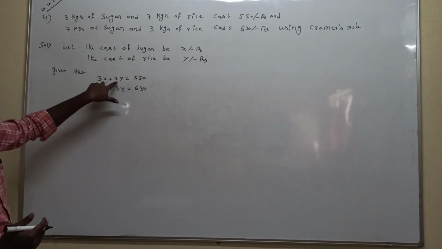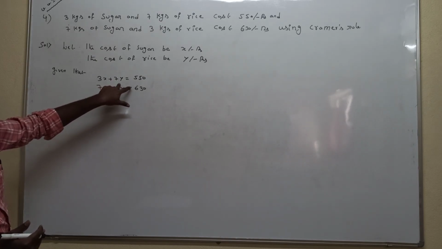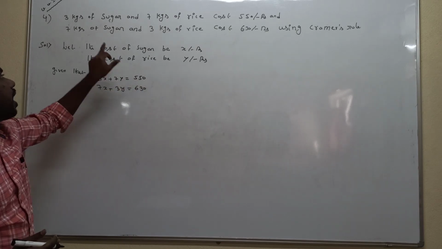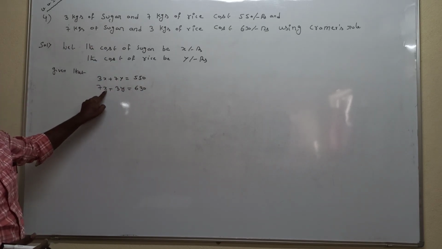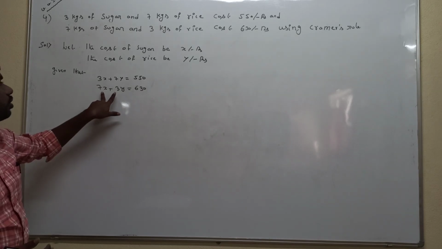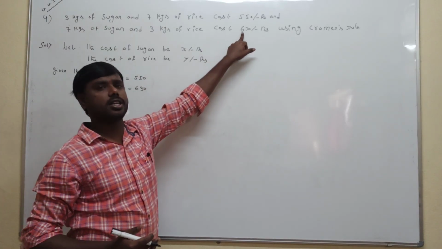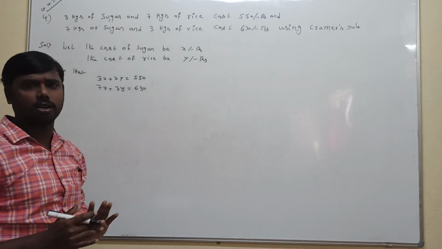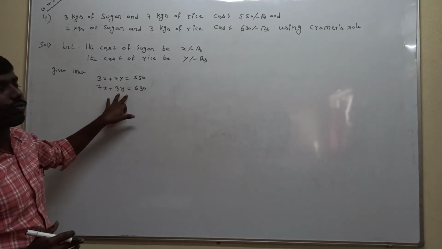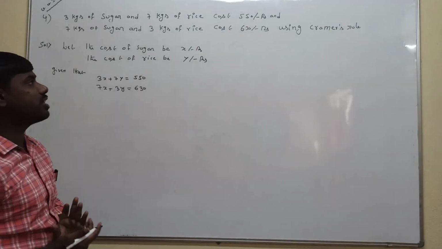The sum of 3 kgs of sugar and 7 kgs of rice cost 550 rupees, and for 7 kgs of sugar and 3 kgs of rice the total cost they gave is 630. Total cost means we are definitely adding, so we add 7 kgs of sugar plus 3 kgs of rice, which is 630.